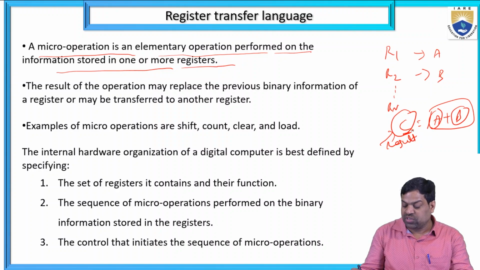So A equals R1, B equals R2, and the resultant value is stored in R3. For this operation I need a total of 3 registers.